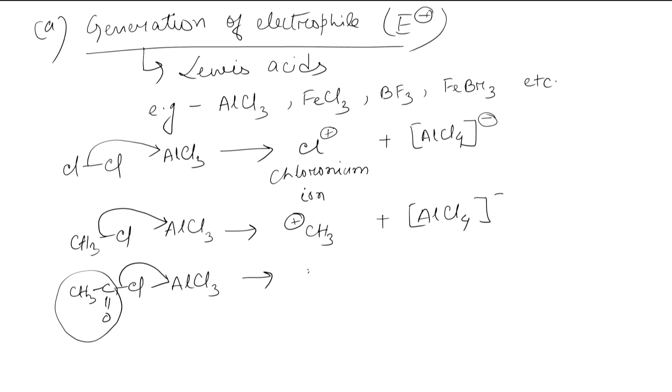Now we have CH3 C double bond O plus and AlCl4 minus. Okay. So this is the method of generation of electrophile. We will discuss about the other two steps of this mechanism, and we will discuss about the reactions in the next lecture. Thank you.